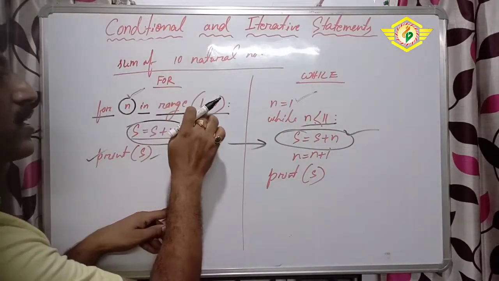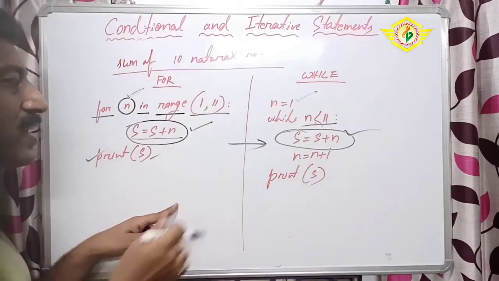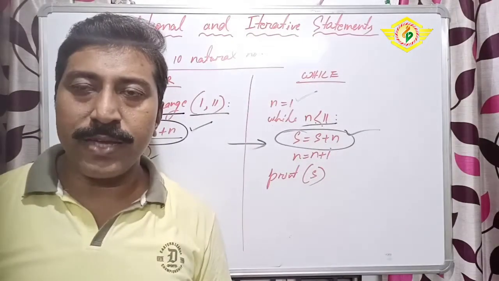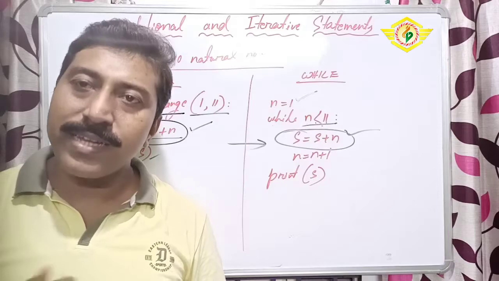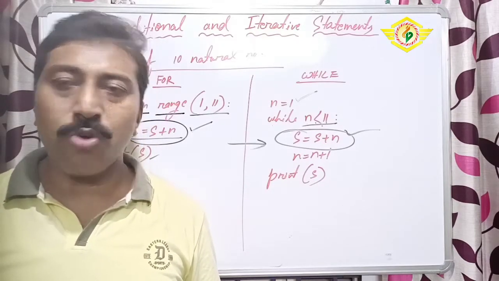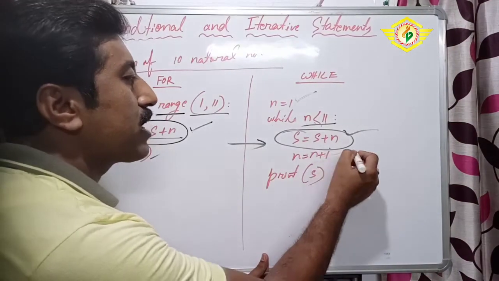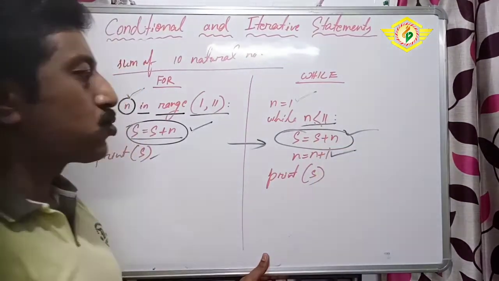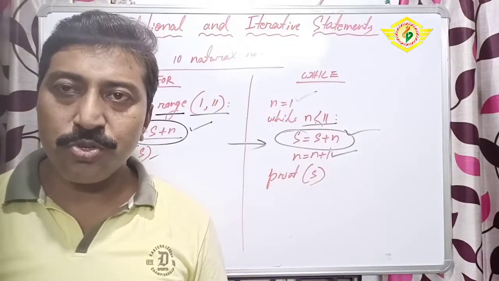Here the default type is incrementation, that means it is increasing one by one automatically, but in this case we have to increase or decrease it ourselves. Automatically it is not possible. That's why I have written here n equal to n plus 1. This is compulsory, incrementation or decrementation should be there.